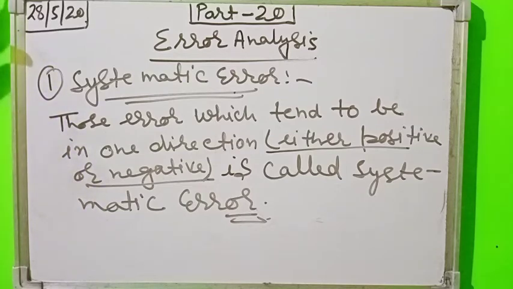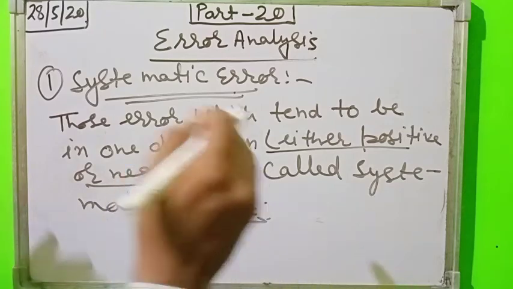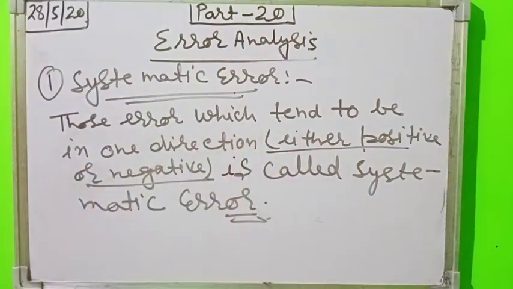Now, how can you correlate that with one direction, either positive or negative? It means that if the system is malfunctioning or our observation technique is wrong or we are performing the experiment in a wrong way, due to that you will shift either to the left side of the true value or to the right side. Either the error is positive or negative.